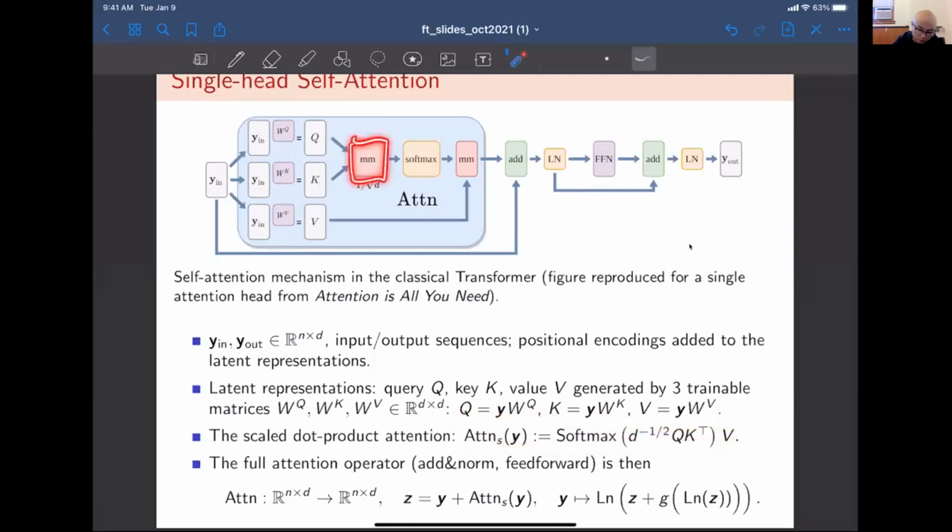After this matrix multiplication, the softmax is applied row-wise so that each row sums up to 1, and then we multiply with the value, so that the new value is a convex combination of the old values. And this adds a skip connection, so that we can stack these layers deeper and deeper. It's like a ResNet.